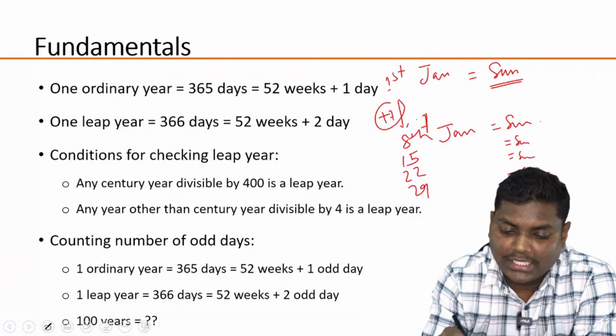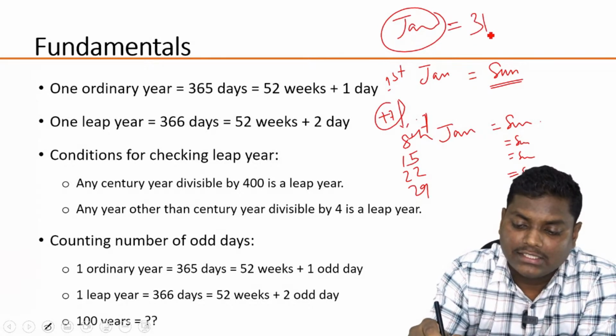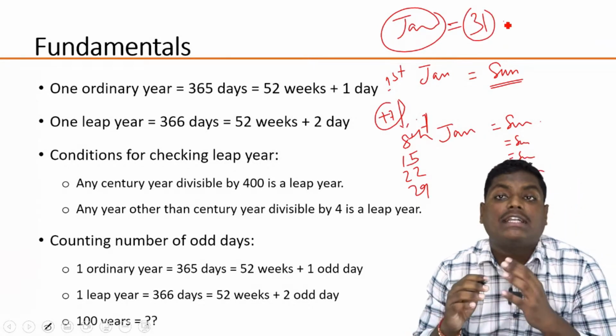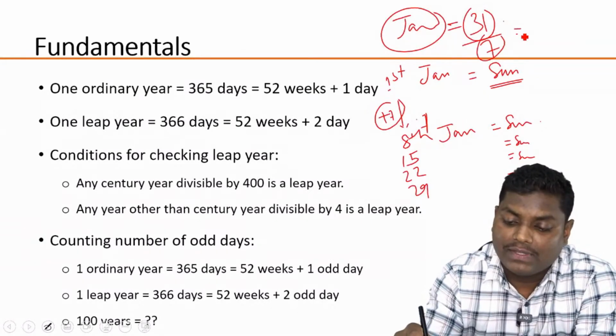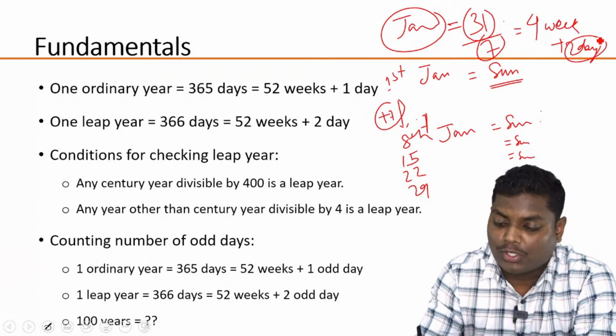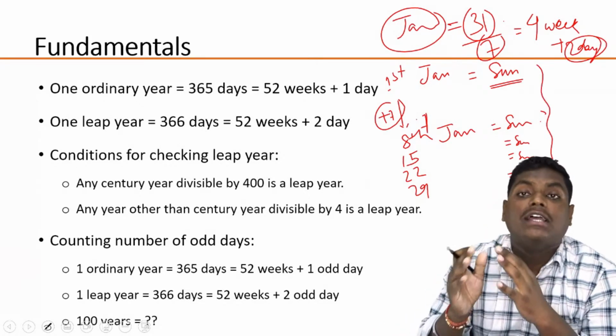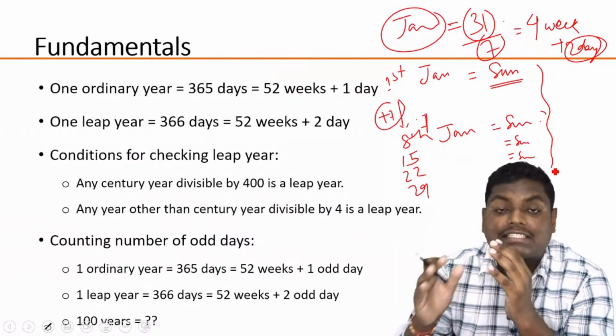Now, the particular month of January has 31 days. If you divide 31 by 7, we have 4 weeks plus 2 days extra. For these 4 weeks, if we take the starting day to be Sunday, we will get similar days.